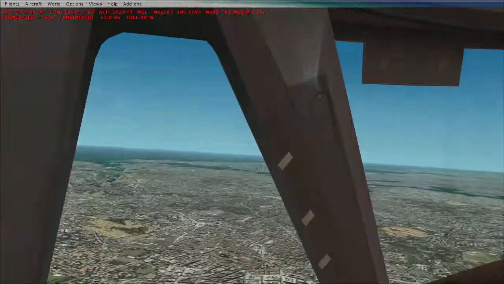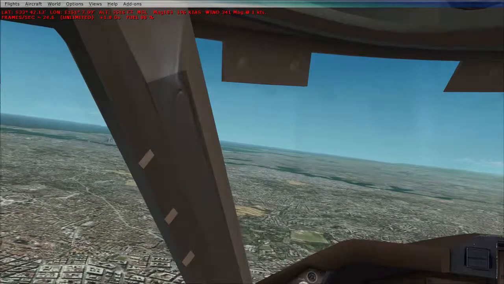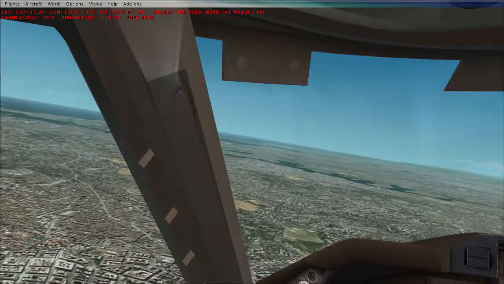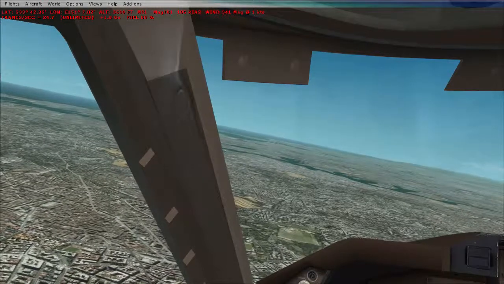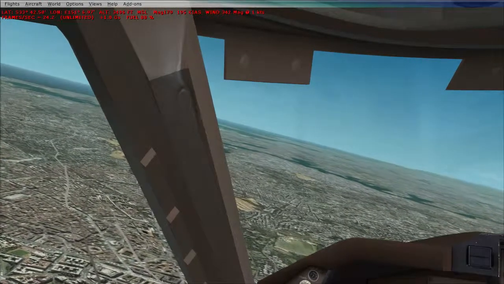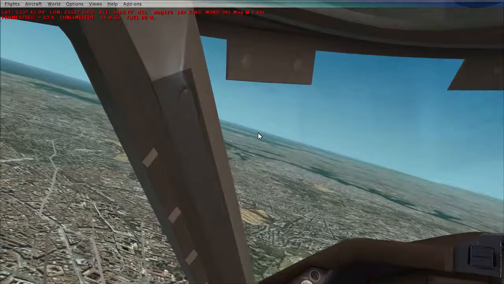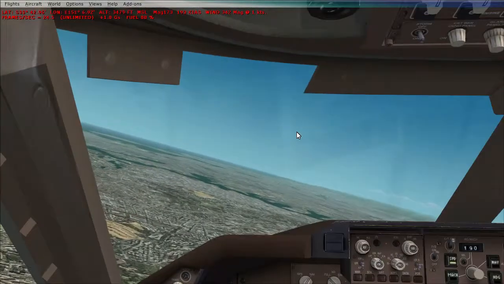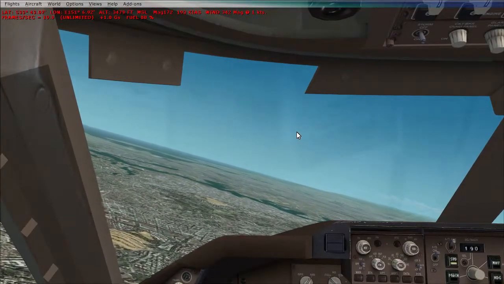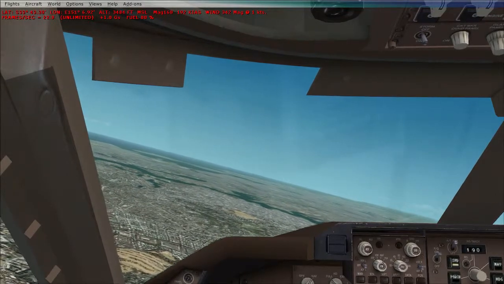Got to line up with the airport over there, which you can't really see because it's being obscured by my A-pillar. That runway there, which looks foggy in the distance, but nevertheless it is a runway. So we have to get the machine lined up.